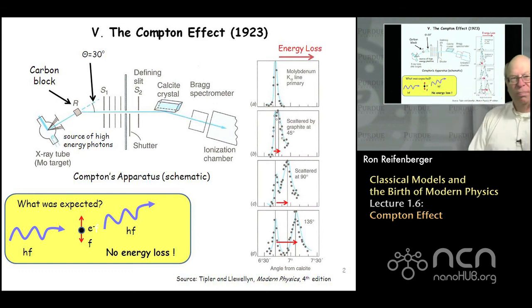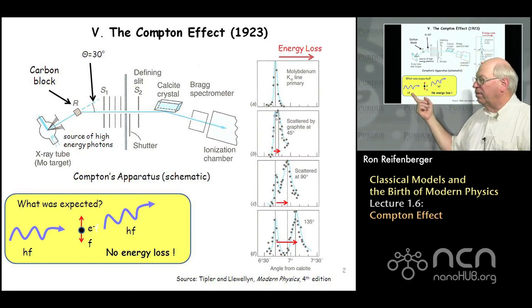So what was expected at the time? Well, what was expected was that if this incident X-ray radiation were represented by photons, there would be a photon incident onto the carbon block, and the energy of each photon would have a value given by Planck's constant h times the frequency f of the X-ray.